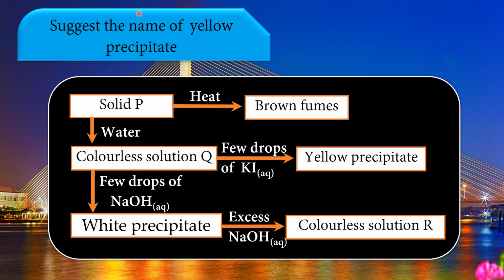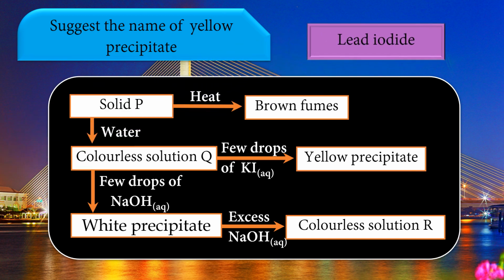Now they are asking us to suggest the name of the yellow precipitate. The name of the yellow precipitate is lead iodide.